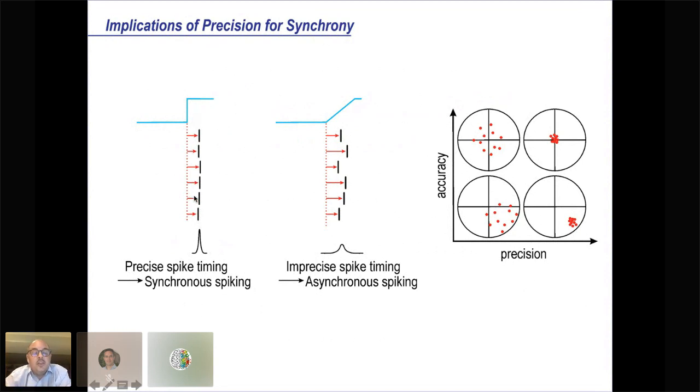That is to say, with high precision, and across a group of neurons, that's going to lead to synchronous spiking, right? If for whatever reason, whether it's because of the stimulus or because of noise conditions or cellular heterogeneity, these latencies are much more variable from one neuron to the next, then you're going to have relatively imprecise spike timing. And at the network level, that's going to lead to asynchronous spiking.